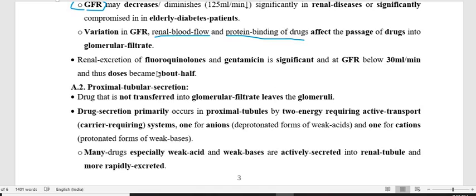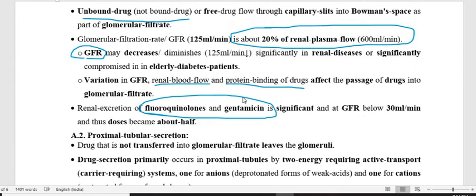Take the example of the drugs fluoroquinolones and gentamicin. These two drugs are going to be excreted out through glomerular filtration. Usually in the normal case the GFR is about 125 ml per minute.